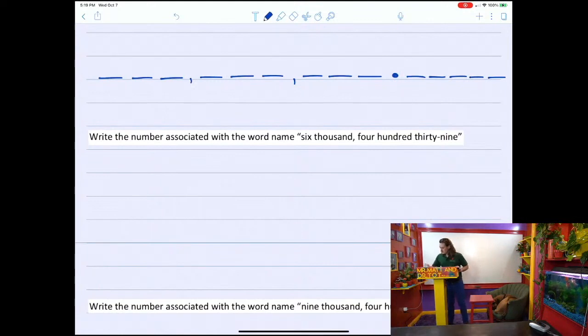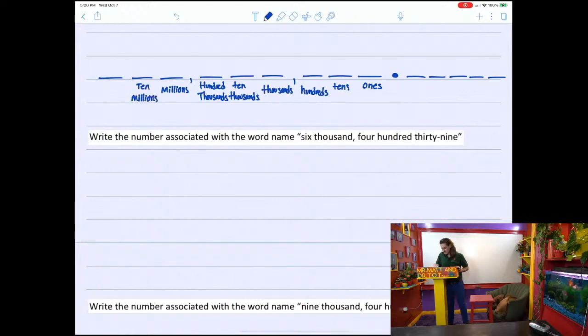So this guy is our ones, this is our tens, this is our hundreds, thousands, 10,000s, 100,000s, millions, 10 millions, and 100 millions.